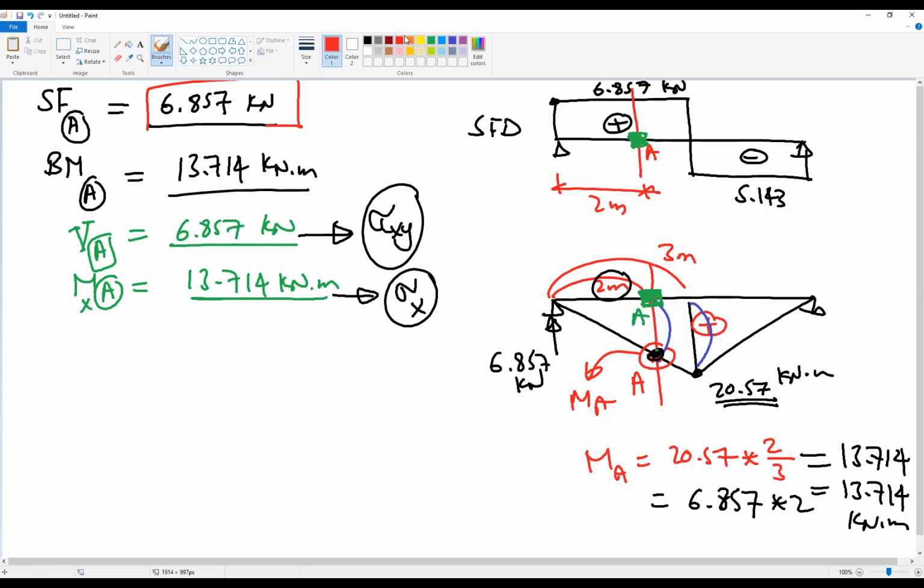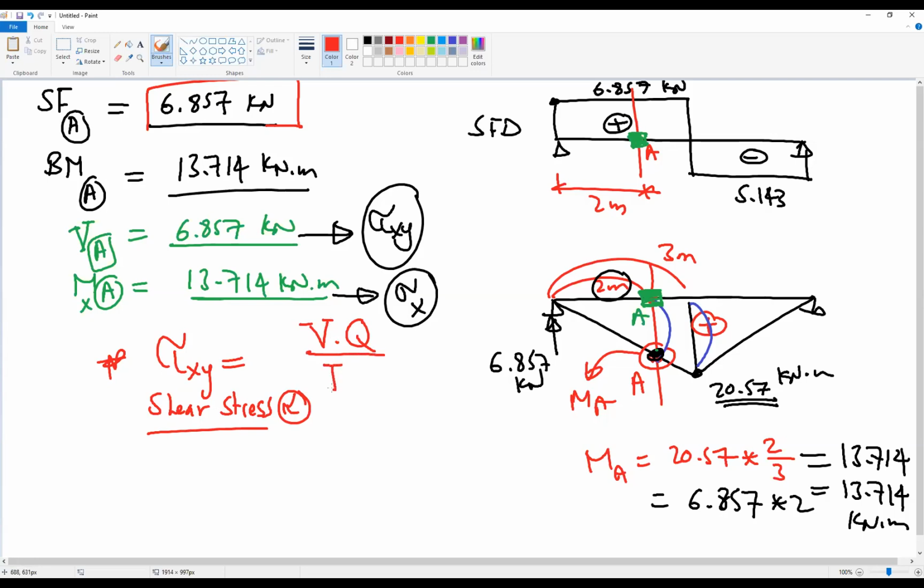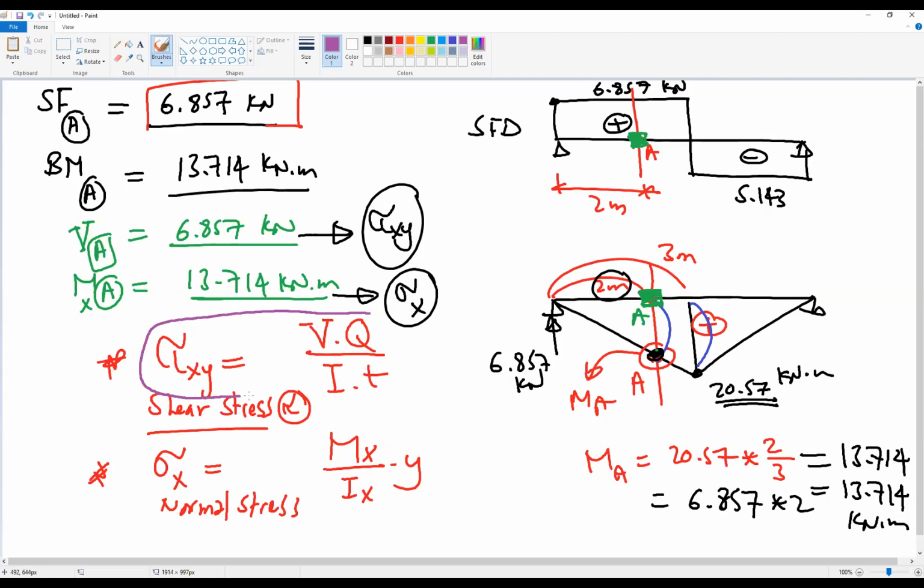If you return back to your memory, the formula for shear stress tau is V multiplied by Q divided by I multiplied by T. And the general formula for normal stress, sigma x, equals Mx divided by Ix multiplied by y. So now we are applying two formulas we know before, tau and sigma.